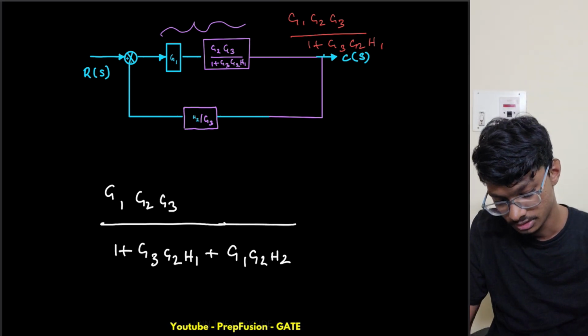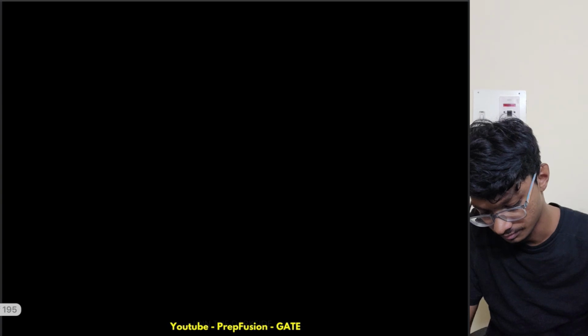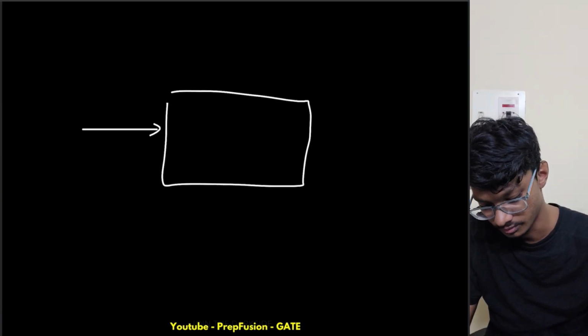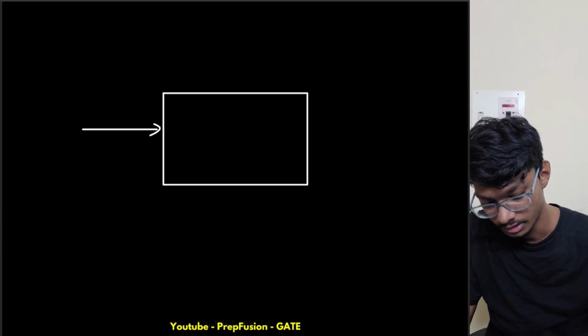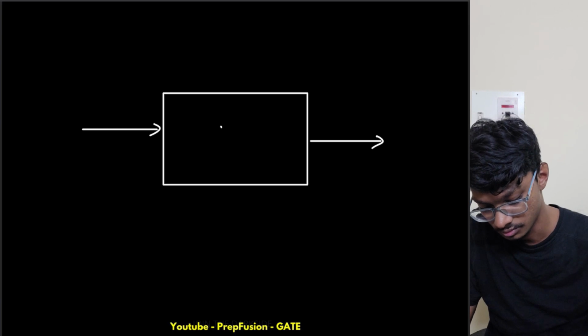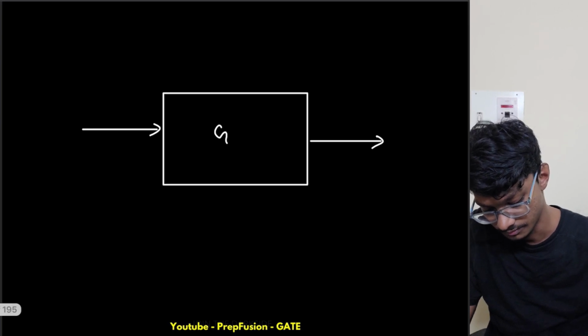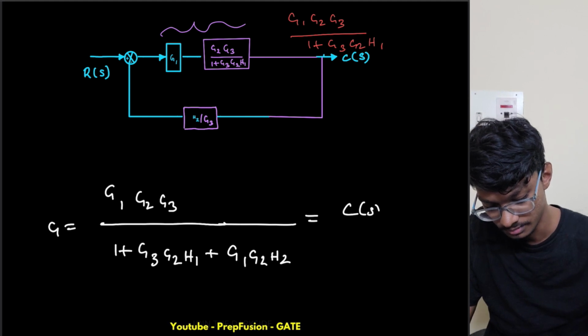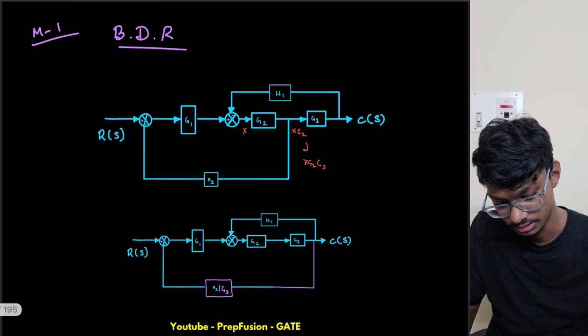So this is our gain block. You do the multiplication and you will understand what I am doing. I will explain it also. This whole G is equal to this one only, which is equal to C of S by what was this?